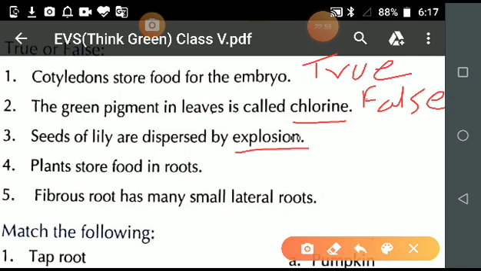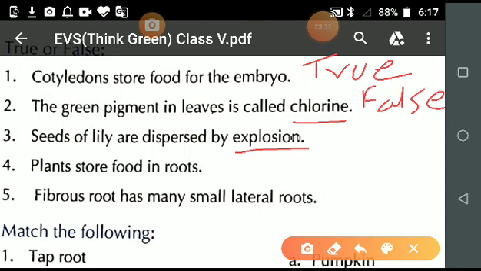In explosion, what happens? The outer covering is known as pod. And when the pod bursts open or explodes due to sunlight, the pods become dry and they explode, and then the seeds spread away from the parent plant.